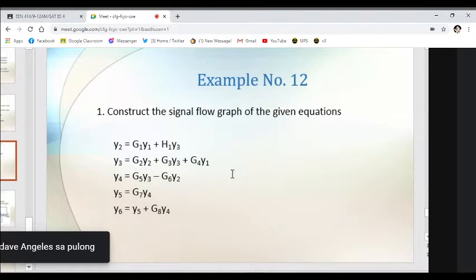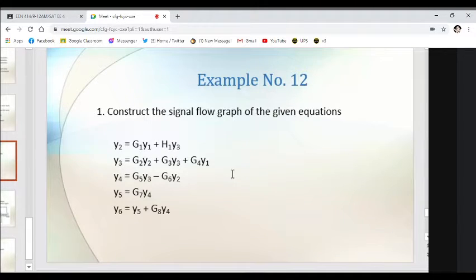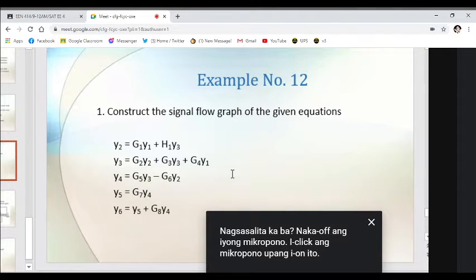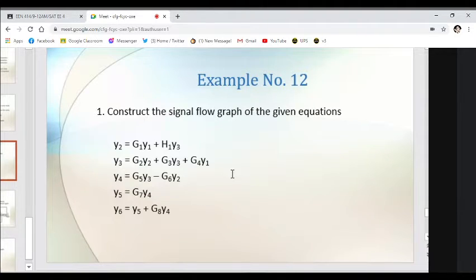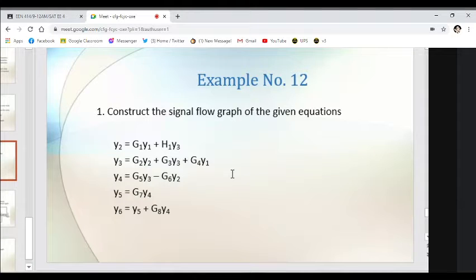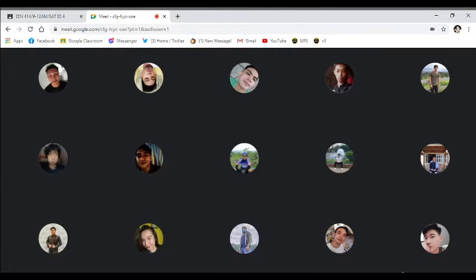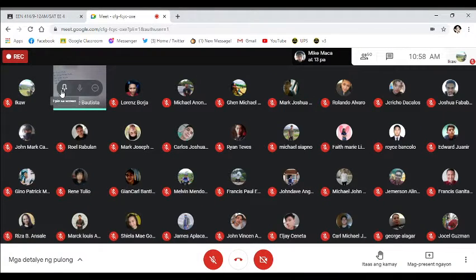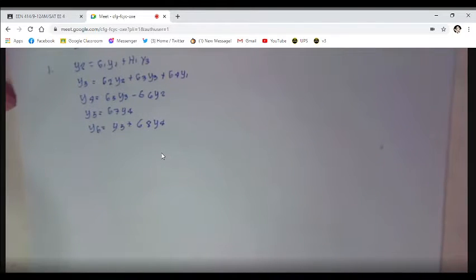You have Y2, E1, Y1, and Y3. Okay, let's try to draw this.